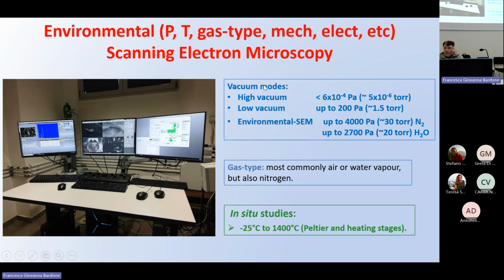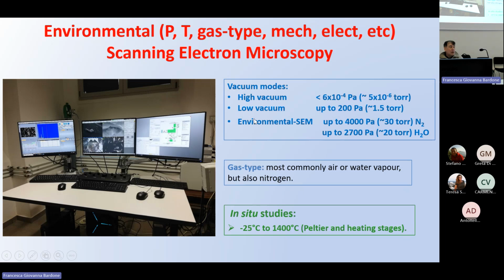I just summarized the three vacuum modes of the system. You can work just in the classical SEM in high vacuum, usually about 10 to the minus 6 torr. You can work in low vacuum, 1.5 torr.